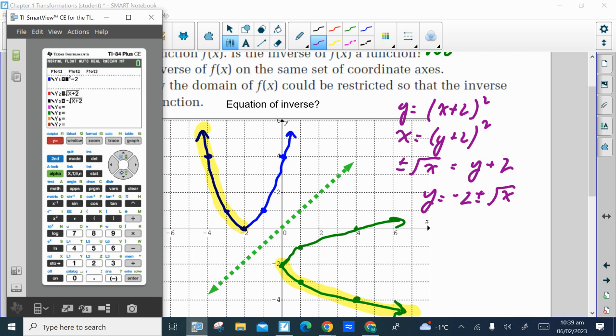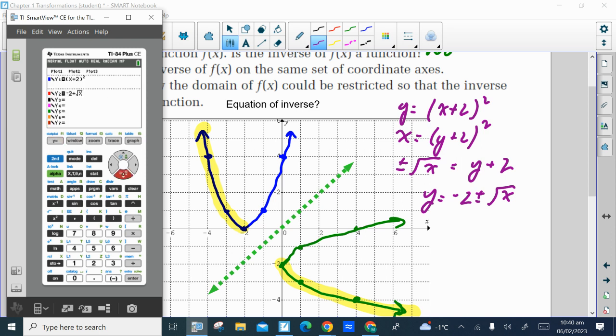So, just to confirm, we start with the original graph of (x plus 2) all squared. And we can see what it looks like, make sure what we graphed matches what the calculator gives us. If you just put -2 plus root x in your calculator and graph that, it only graphs the top of the inverse.